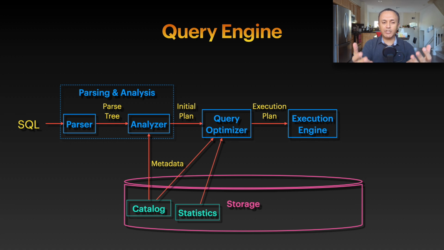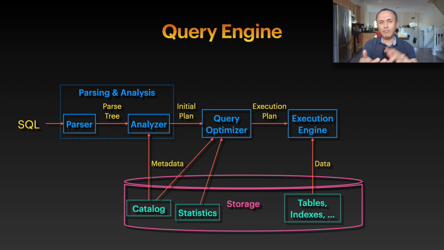The execution engine has access to the data, so it uses the data coming from tables, from indexes, whatever it is, and starts running the operations in the execution plan in the order indicated by the plan, and starts producing the results of the query.